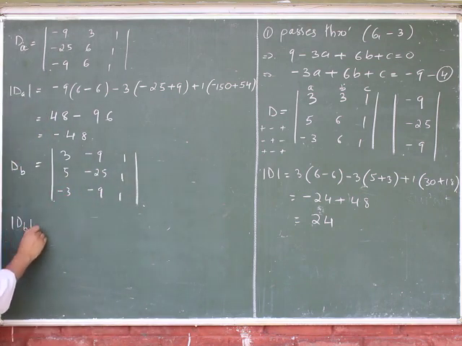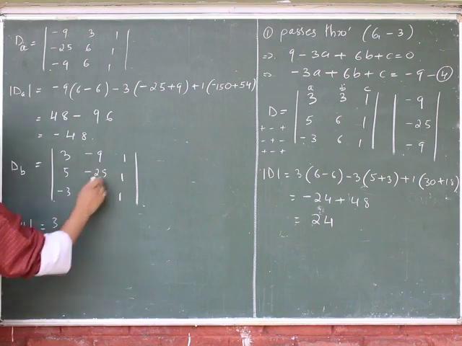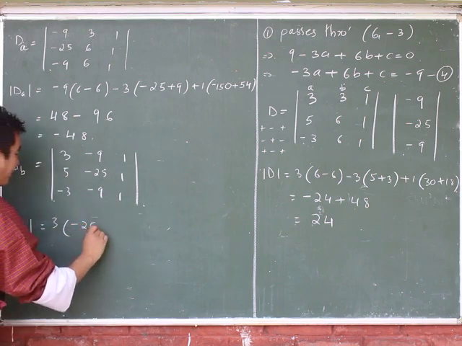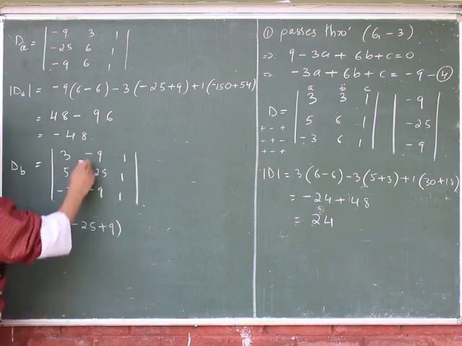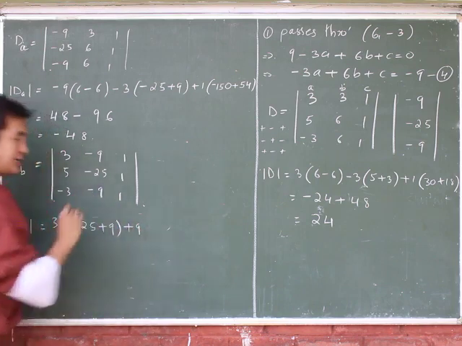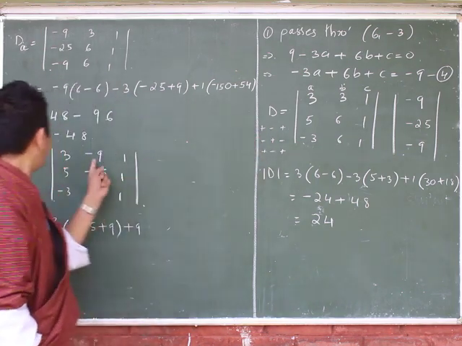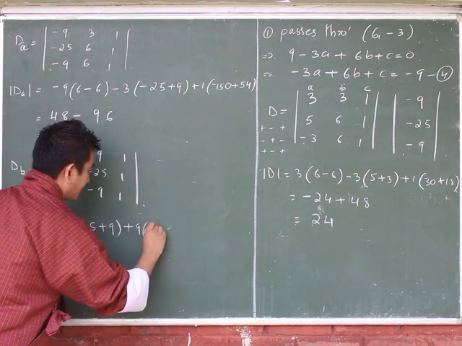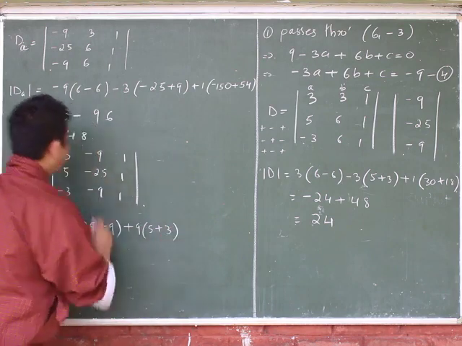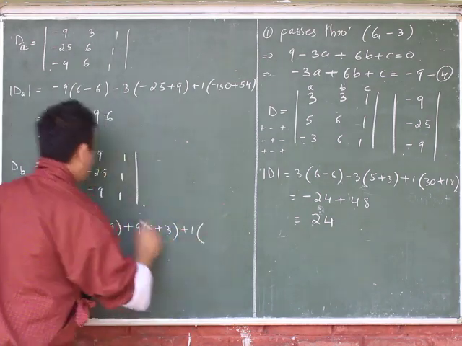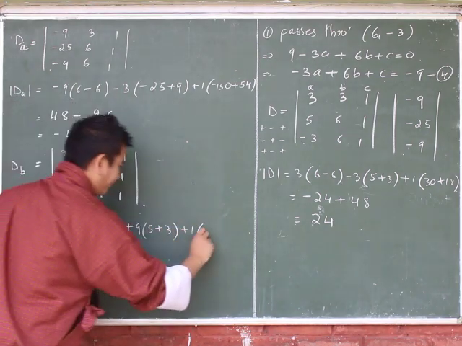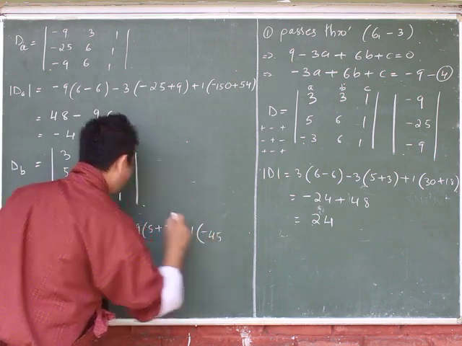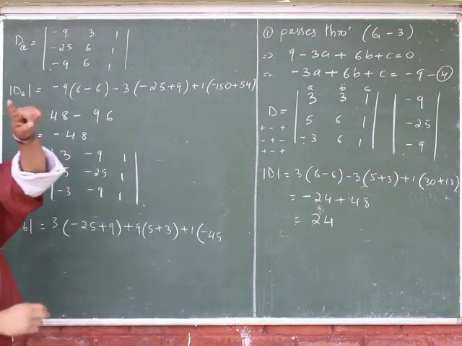Determinant of dB is equivalent to 3 times (negative 25 plus 9), then plus 9 as per the Sarrus rule. This negative becomes positive. Cross it, 5 plus 3, then plus 1 times negative 45.